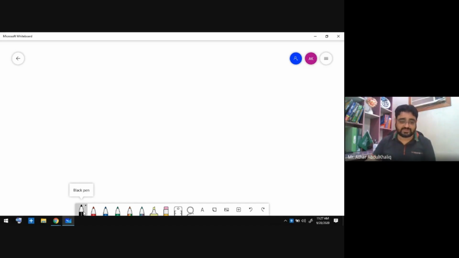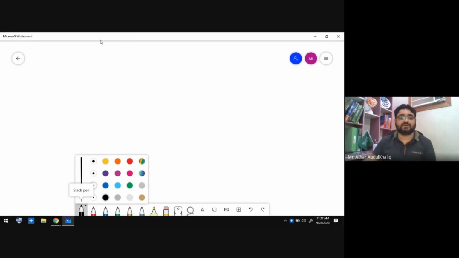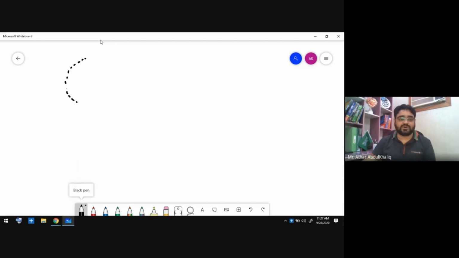What is that first thing? Whenever we are concerned with circular motion, let's say this is an object. This object is moving along a circular path.